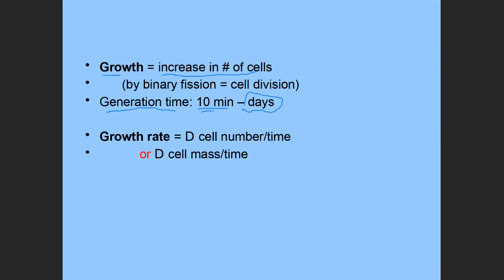Then we will also be looking at the growth rate, right? The growth rate would be an indication of the cell number over time, or the cell mass over time, which is the number of cells or daughter cells you get after a given time.